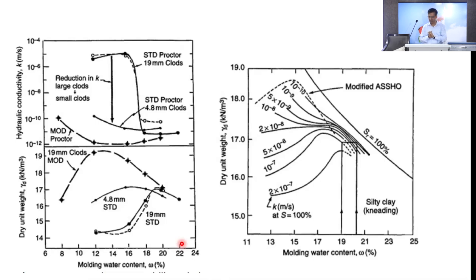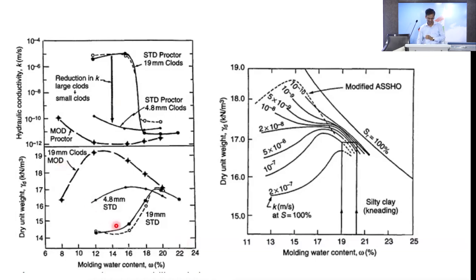That will also change the permeability. So that's why, when somebody says OMC, MDD, UCS, permeability, that one-line information is not sufficient unless I interpret my data based on this information.